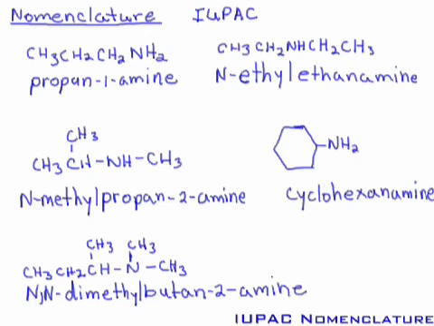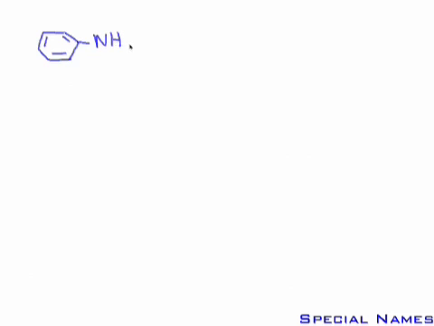So let's look at these two examples. If I was to follow the previous systematic method, I would name this molecule as benzene. If I drop the E, I would add amine and it would be called benzenamine. But this molecule has a common name that is so commonly used that it's adopted by IUPAC. Instead of saying benzenamine, we'd say aniline. The molecule is given a special name.